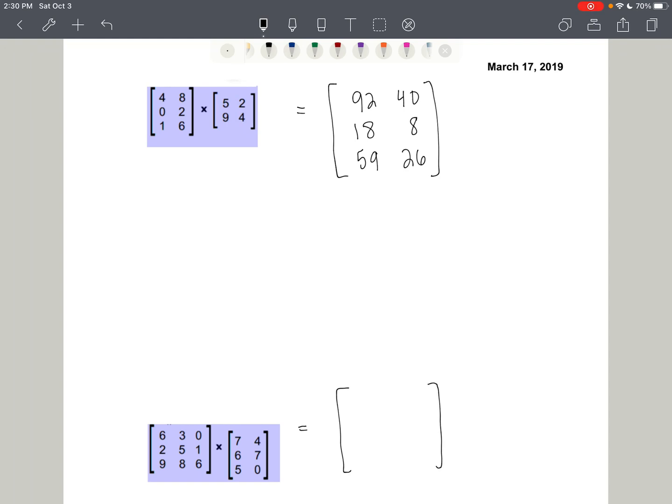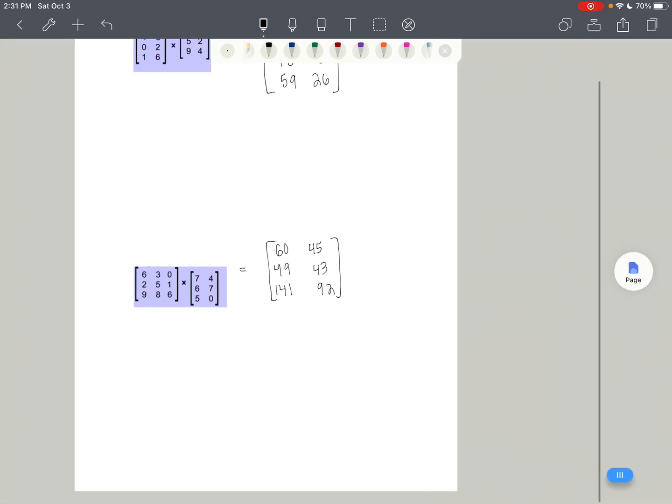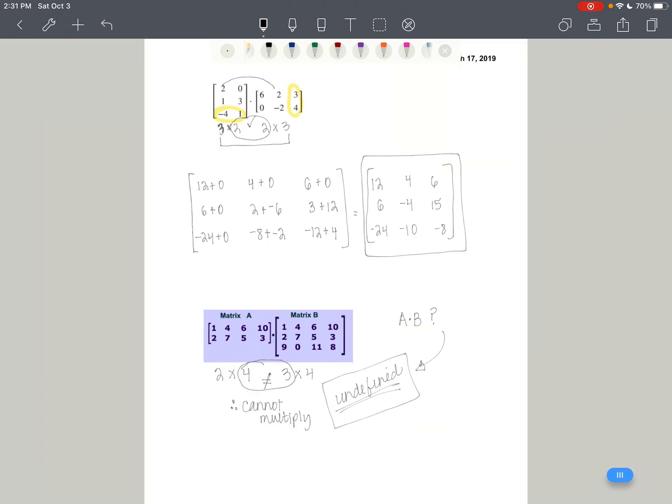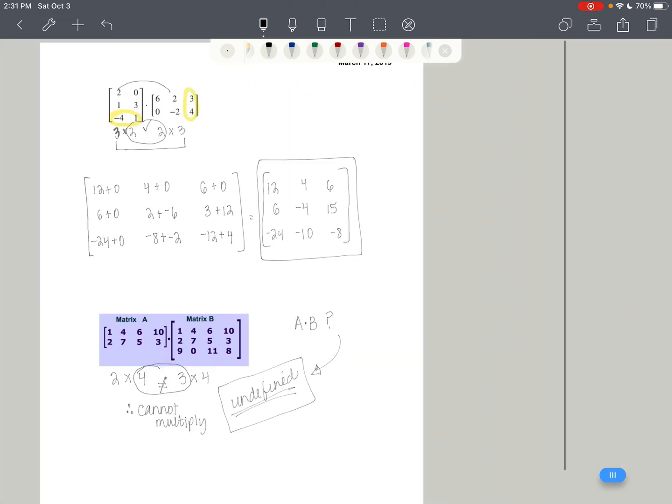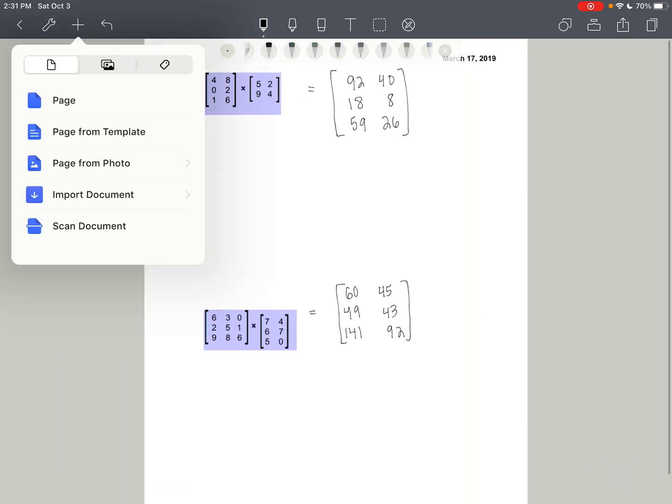Definitely try, make sure that you've got this. 60:45, 49:43, and 141:92. Hopefully you are feeling really good about multiplying matrices, and I think that you should be on your way.